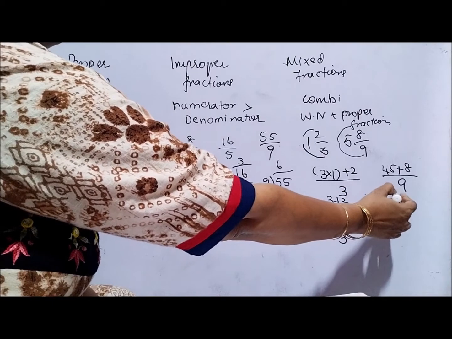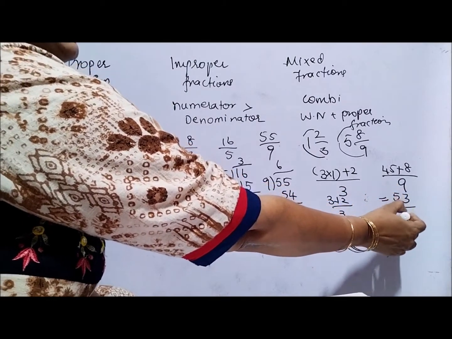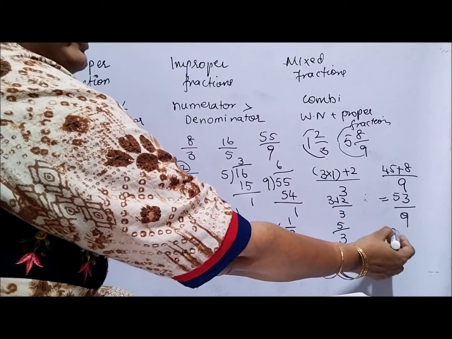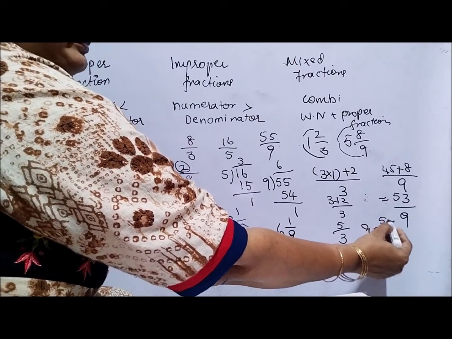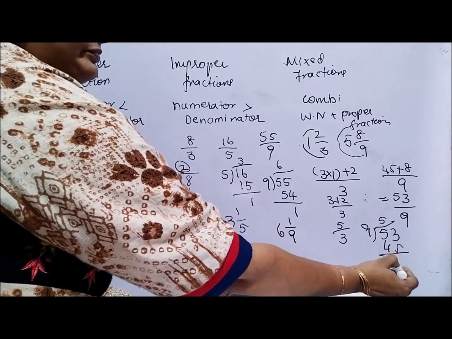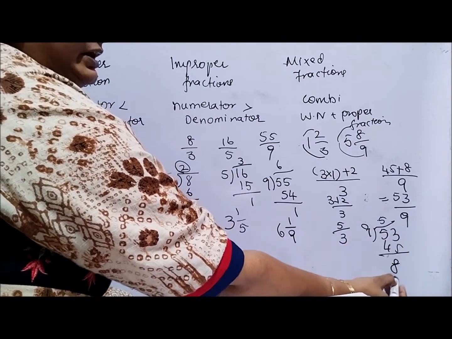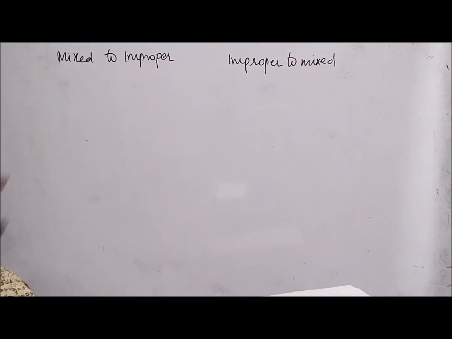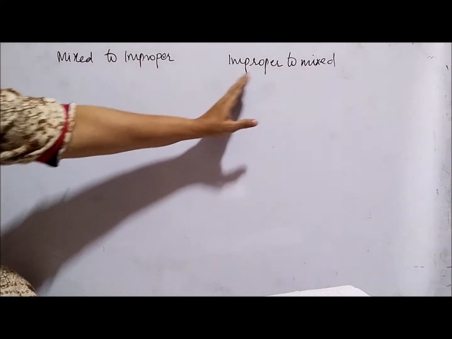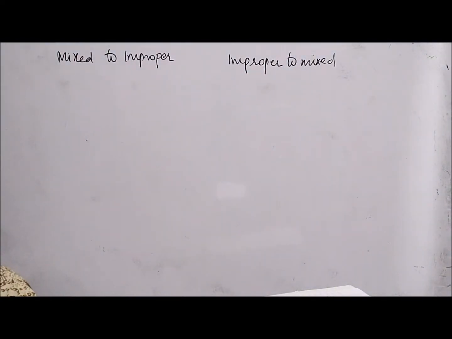Answer is 53 by 9. If you want to recheck if you are right, five 8 by 9. Let's see few more examples on mixed to improper, improper to mixed fraction.